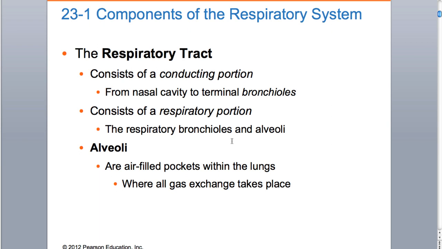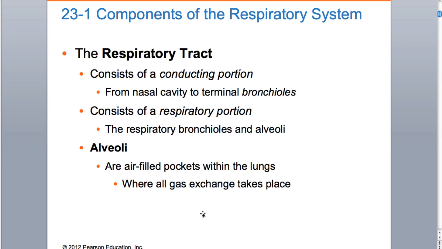So again, let's go back to this slide to refresh ourselves before we move further. It turns out that the structure will play a role in its function. The conducting zone from terminal bronchioles and upward is only conducting the air, moving the air along. Whereas the respiratory portion, which is respiratory bronchioles and downstream all the way to the alveoli, actually plays a role in gas exchange.